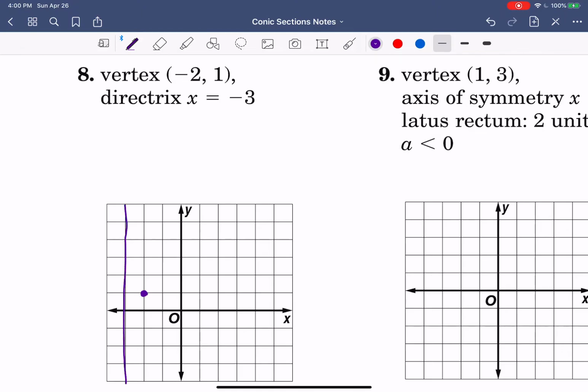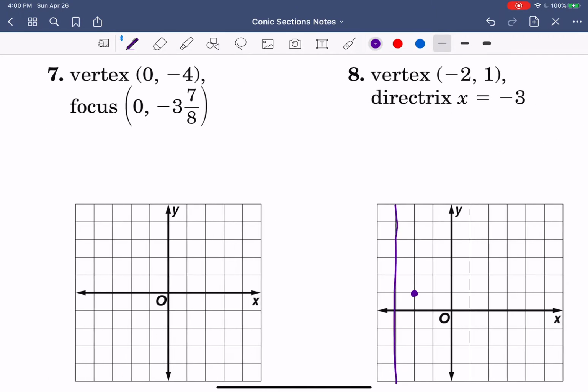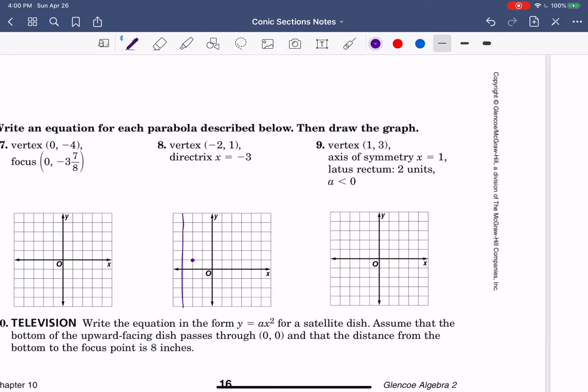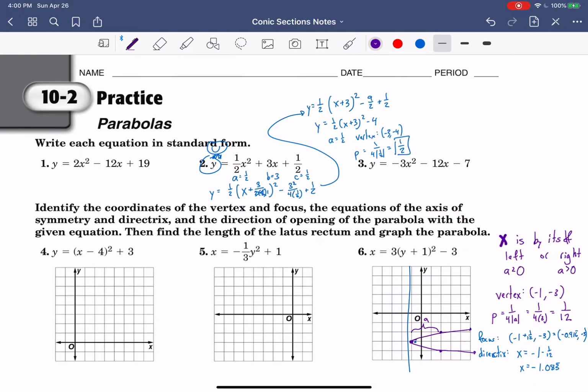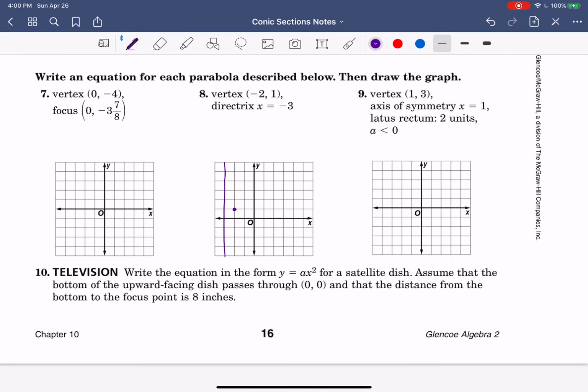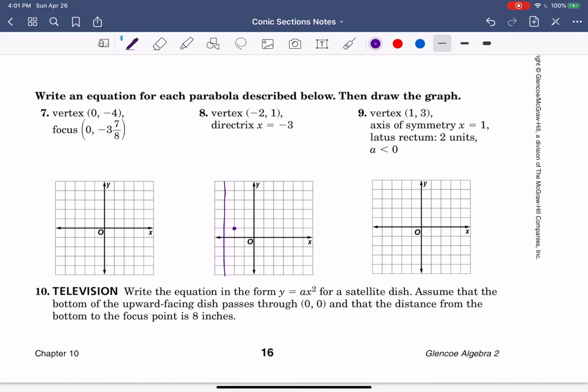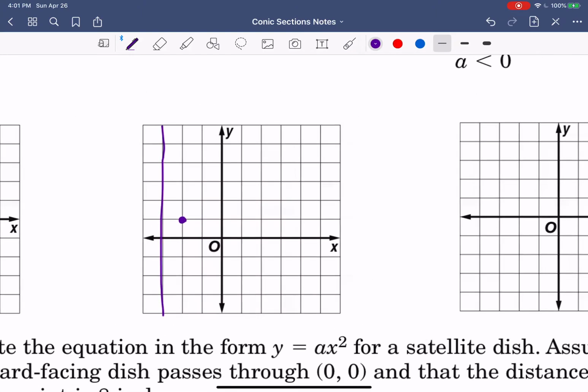Right? So, oh, that's not the information. We want focus and directrix. Do we not have one? Okay. We'll have to settle for number 8.